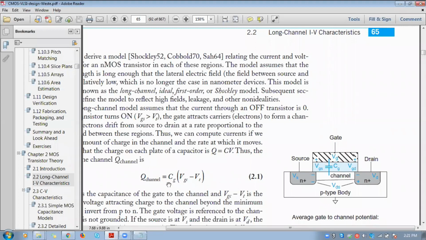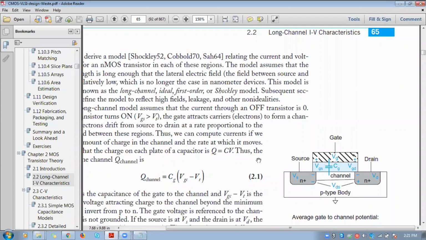Q channel equals Cg into VGC minus VT, where VGC minus VT is the voltage required to attract the electrons near the silicon dioxide layer. VGC is the potential difference between gate and channel. But to attract the electrons near the silicon dioxide layer, it initially has to overcome the threshold voltage.